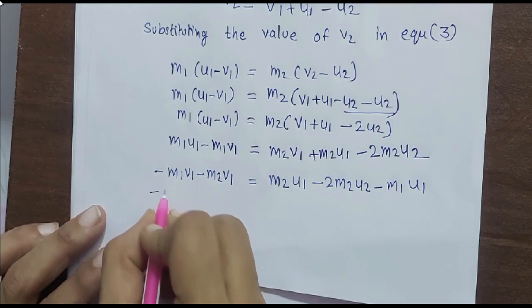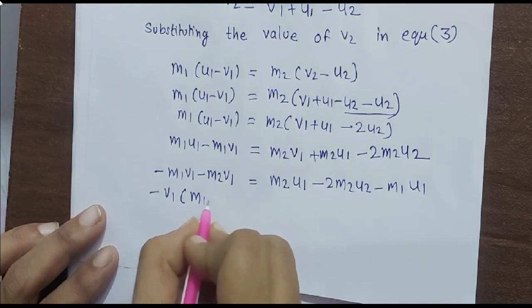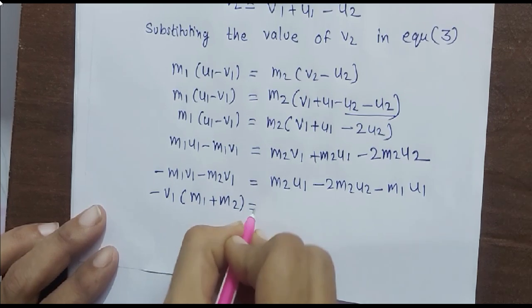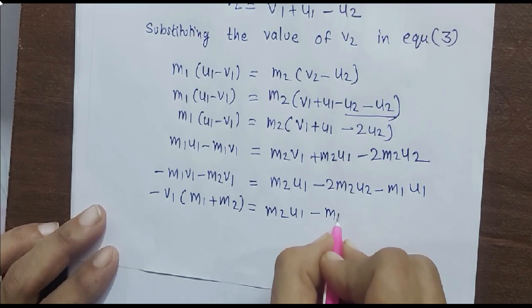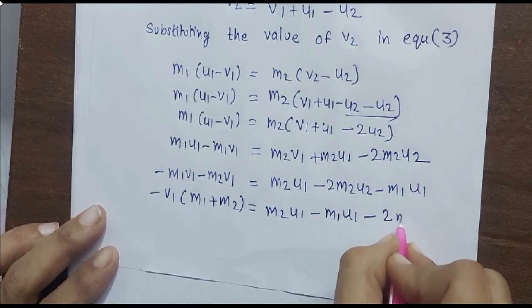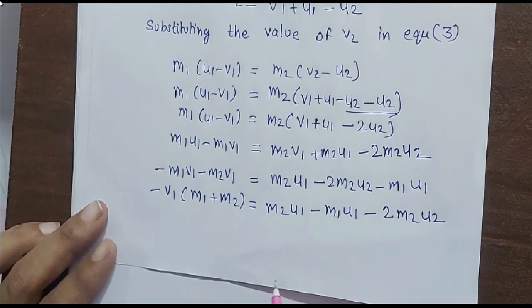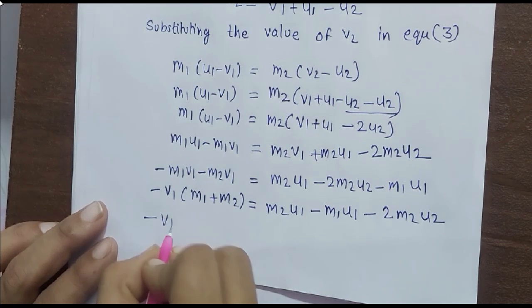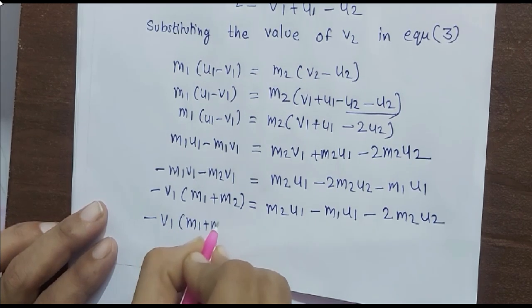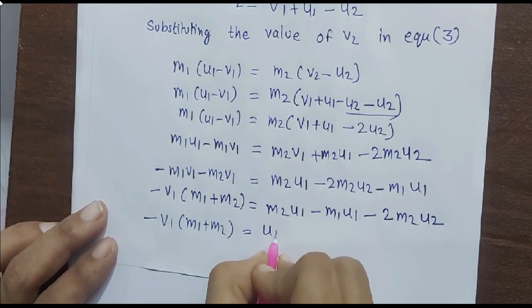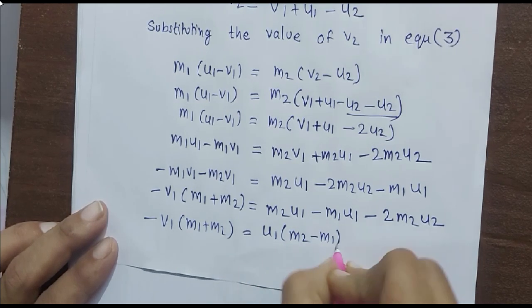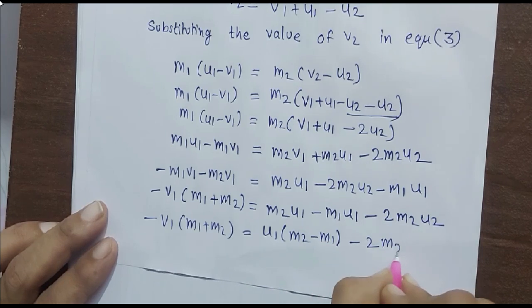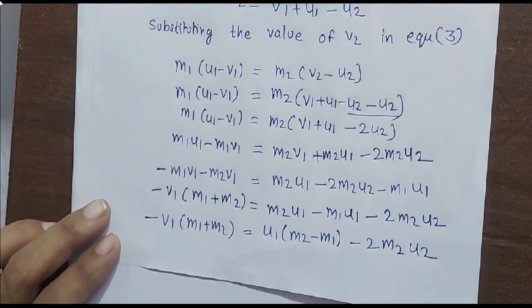We will take minus v1 common: minus v1 times m1 plus m2 is equal to u1 times m2 minus m1, minus 2 m2 u2.